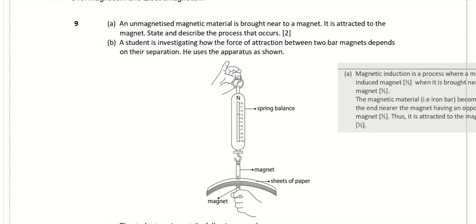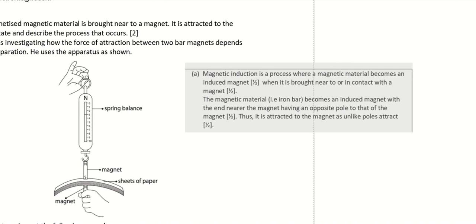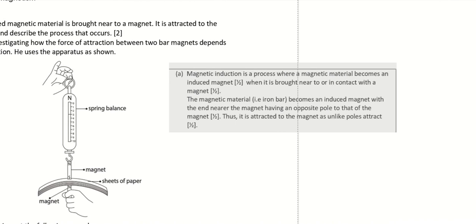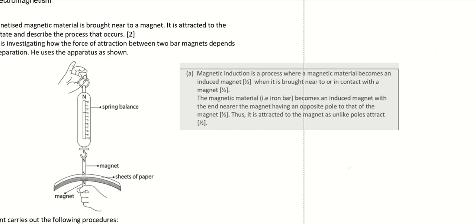It's called magnetic induction. It is a process where a magnetic material becomes an induced magnet when it's brought near or in contact with a magnet. So the magnetic material becomes an induced magnet with the end nearer the magnet having an opposite pole to that of the magnet. Therefore, it's attracted to it.